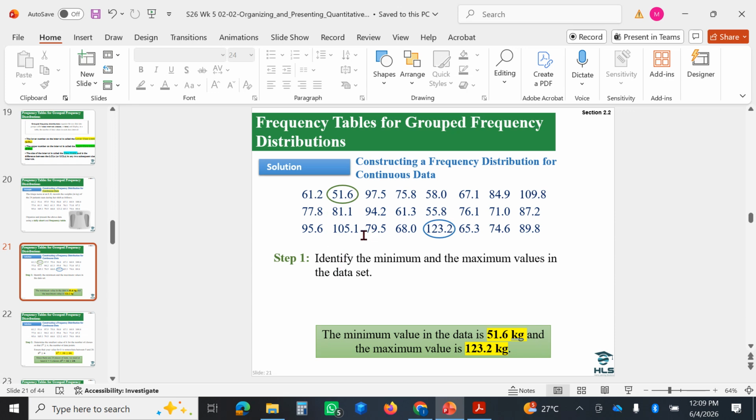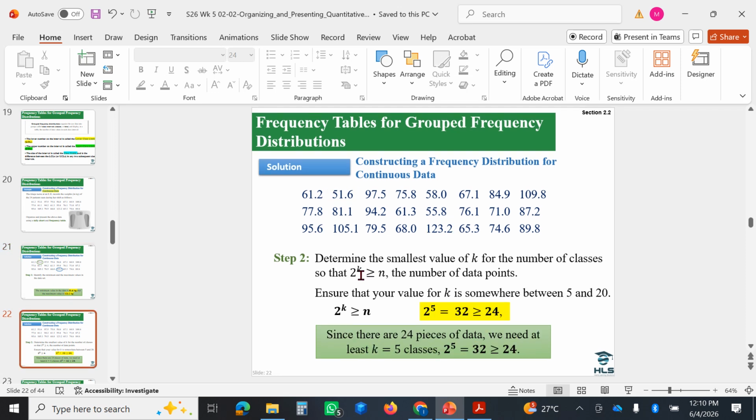Here you've got 51.6 and 123.2. That's your low and high values, your min and max. You will need to find those. Best to put these into order anyway.